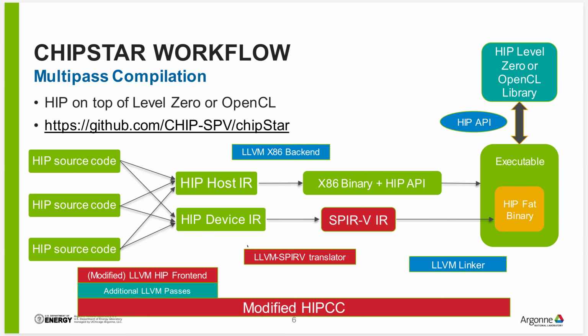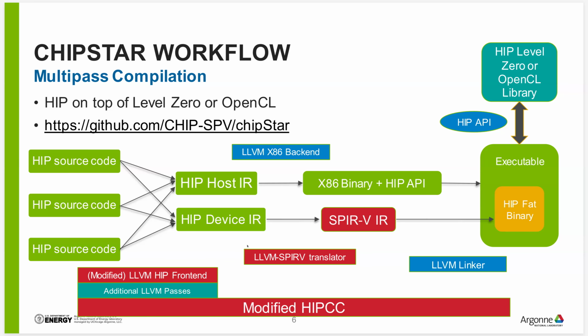We have additional LLVM passes to safely transform our LLVM device IR code to our SPIR-V IR representation. The translation is done thanks to the LLVM SPIR-V translator. That is a tool from Khronos, which is ported to every new LLVM release, which allows transforming the LLVM IR to SPIR-V. And so we have a modified HIPCC wrapper script to pass a few specific options to LLVM Clang to allow communicating through a modified LLVM HIP frontend.